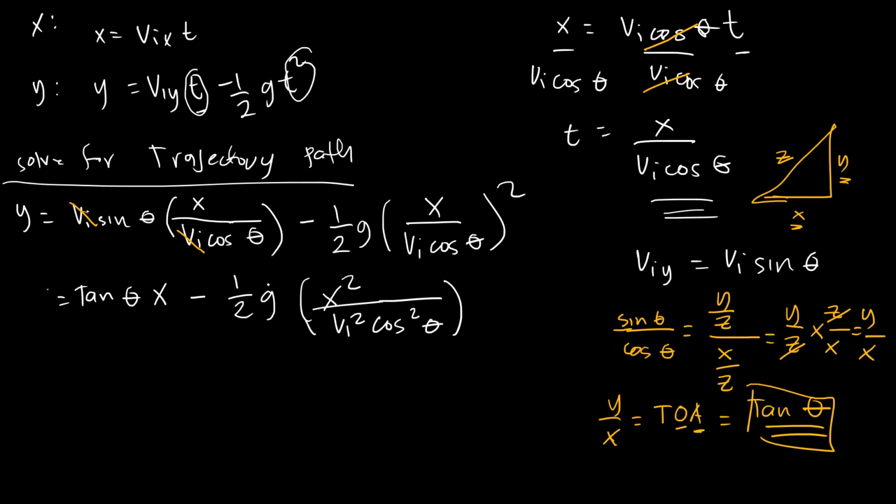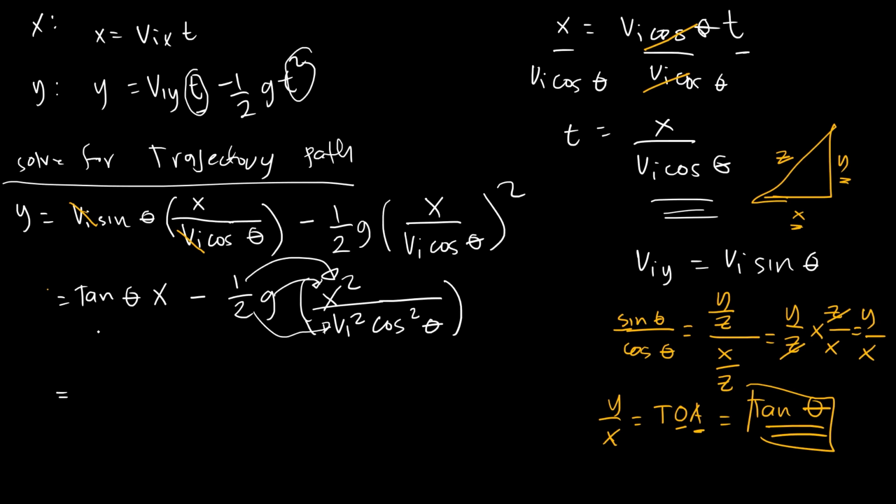You multiply this into that, and also g, and the 2 is for the denominator, so you multiply the 2 into the denominator here.